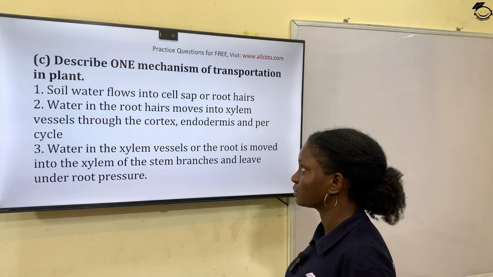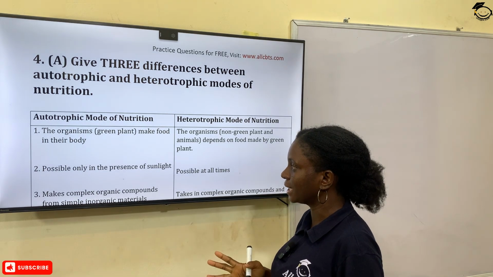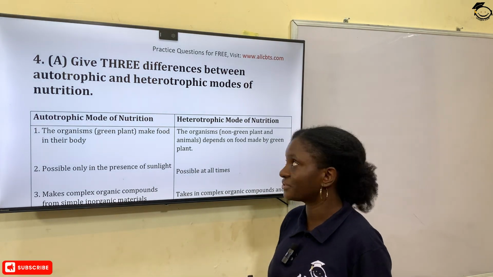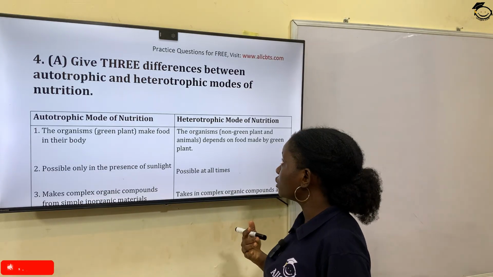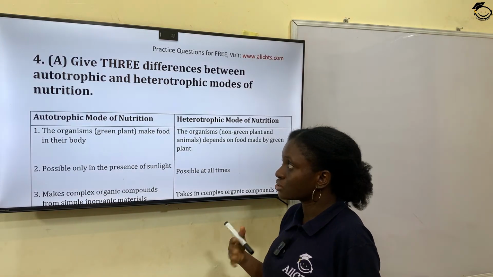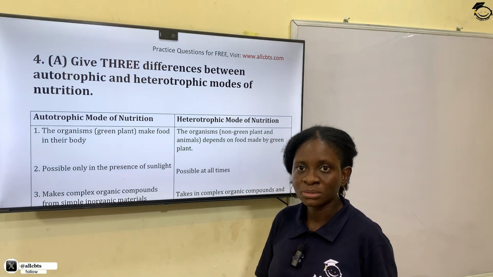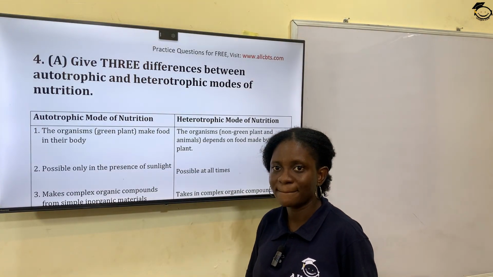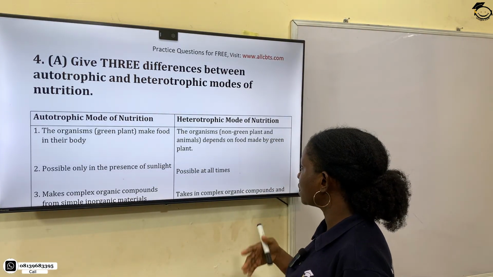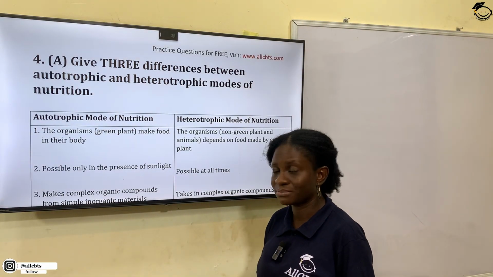So that's the basic mechanism of transportation in plants. That's for water transportation. The next question, 4A. Give 3 differences between autotrophic and heterotrophic modes of nutrition. Autotrophic, auto means self, manufacture of food by self. Heterotrophic means they depend on the food manufactured by plants.